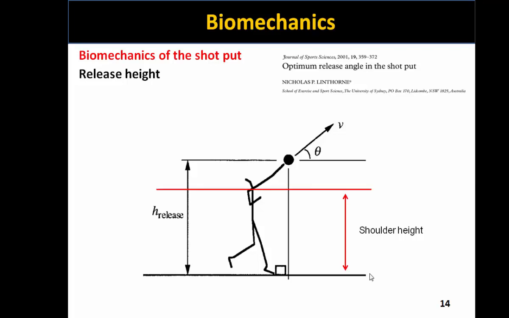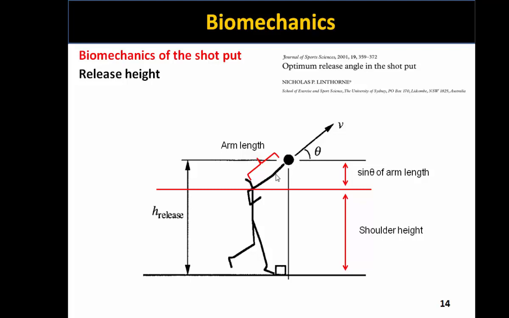But the release height is essentially going to be the sum of the athlete's shoulder height taken from the ground to their shoulder, and the release height is going to be a function of the athlete's arm length, the release angle, and that it's going to be the sine of that angle, which is the vertical component of their arm length.